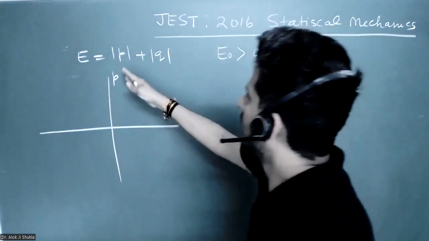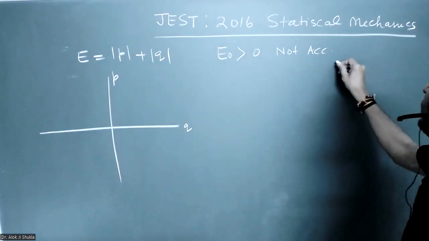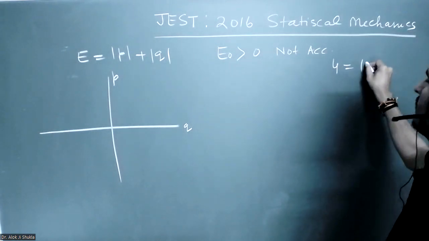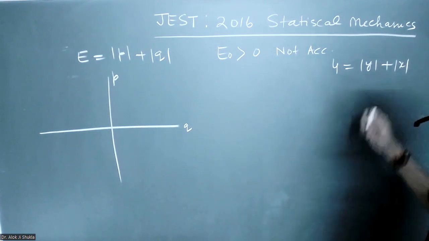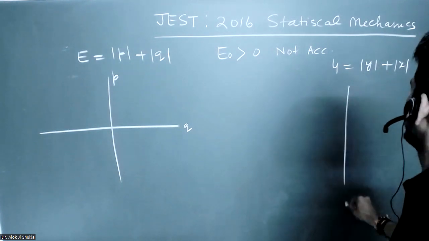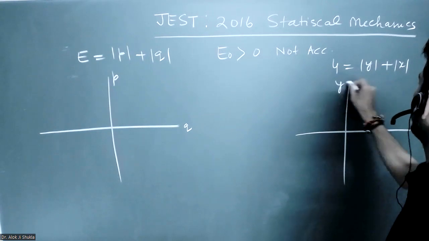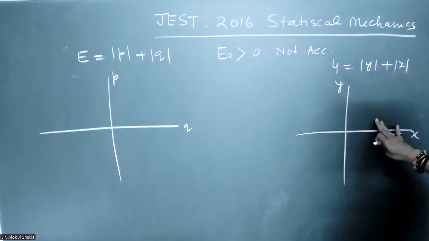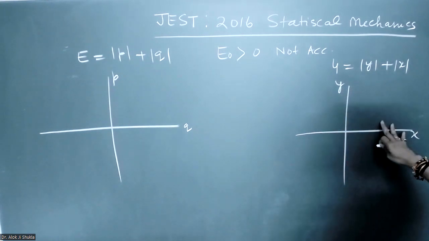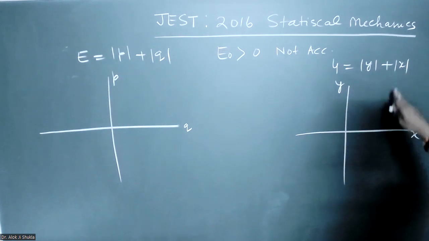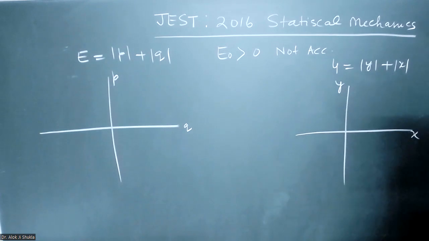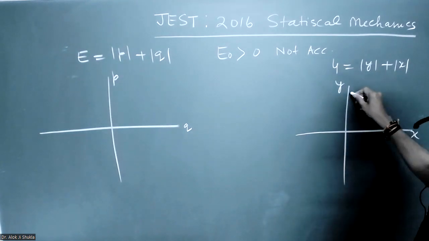Suppose I give you a graph to plot: 4 is equal to |y| + |x|. What you will do is take y and x. Suppose here x is positive and y is positive. At x equal to 0, you will get y equal to 4.